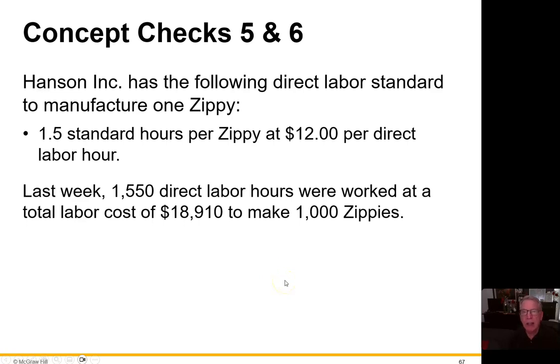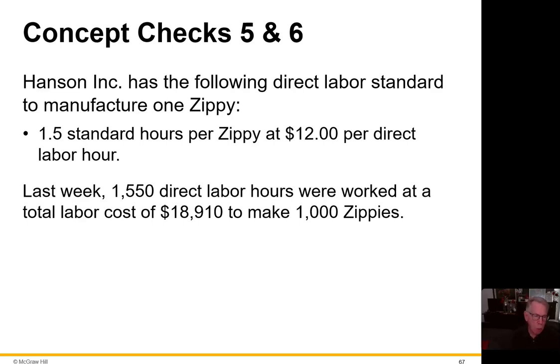So here, Hansen has the following direct labor standard to manufacture one zippy: 1.5 standard hours to make one zippy at $12 per direct labor hour. And last week, we used 1,550 direct labor hours that we worked at a total labor cost of $18,910 to make 1,000 zippies.